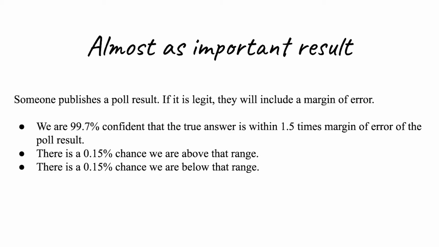If you want to be more than 95% sure that you know what you're talking about, we are 99.7% confident that the true answer is within 1.5 times the margin of error of the poll result, which means there's a 0.15% chance we're above and 0.15% that we're below. But that's practically nothing. Exactly.